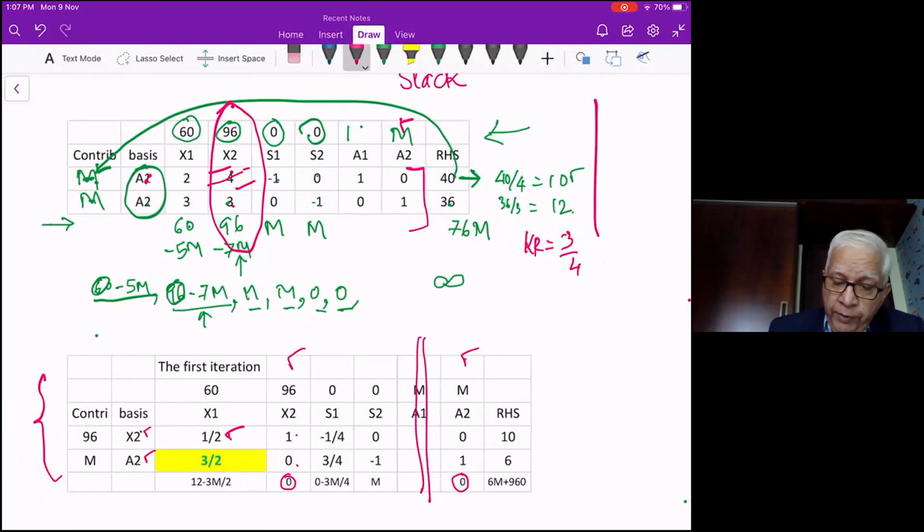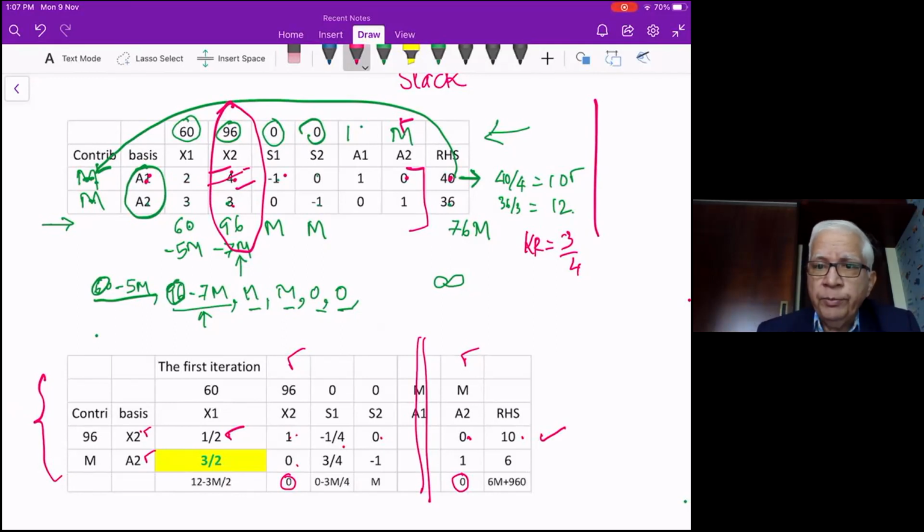Now 4 divided by 4 is 1. Fine. -1 divided by 4 is -1 upon 4. Then 0 divided by 4 is 0. The A1 column I am ignoring. The A2 column I am keeping. 0 divided by 4 is 0. And 40 divided by 4 is 10. Fine. So this is the first row, which is done. First row transformation was easy because it was the key row.